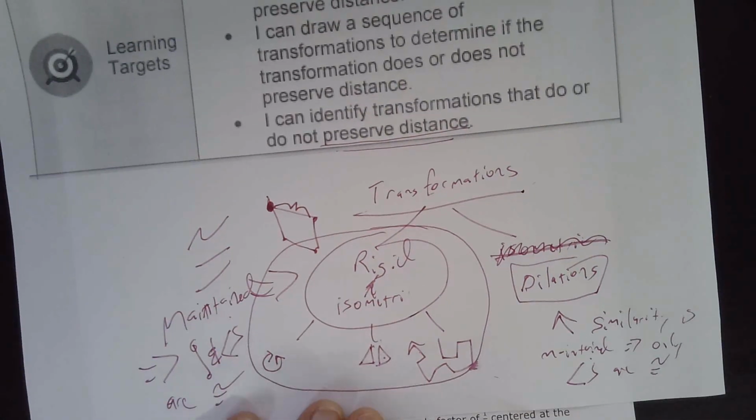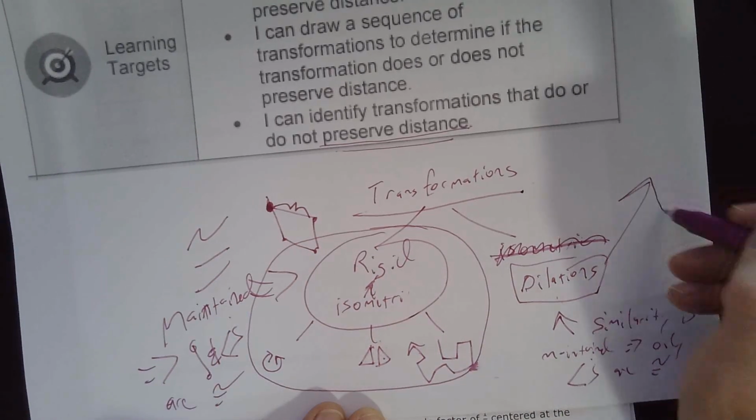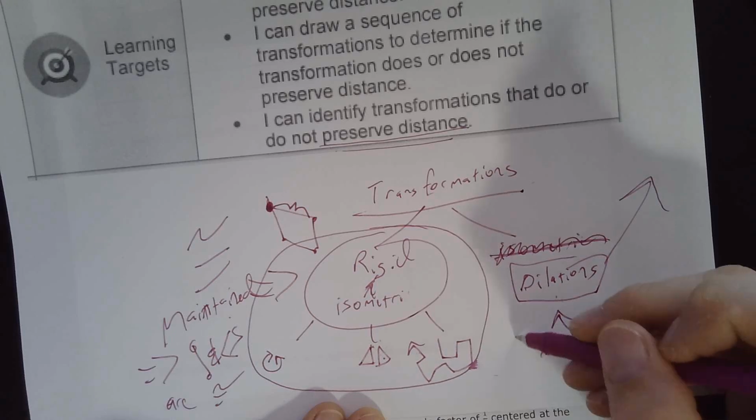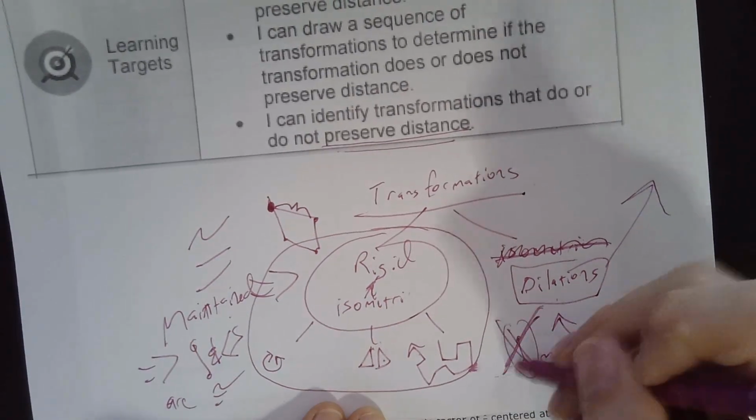Right, so from what you remember from unit 1, dilations, like line segments, aren't congruent. Nope.